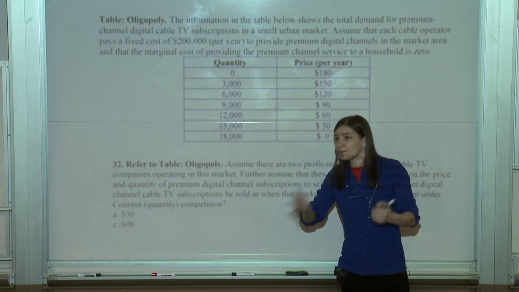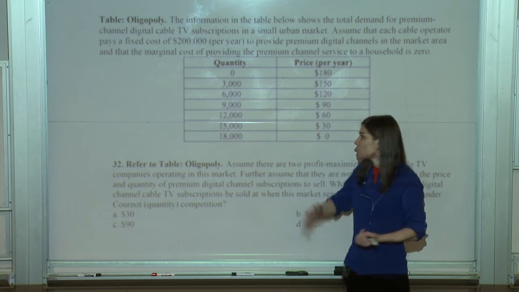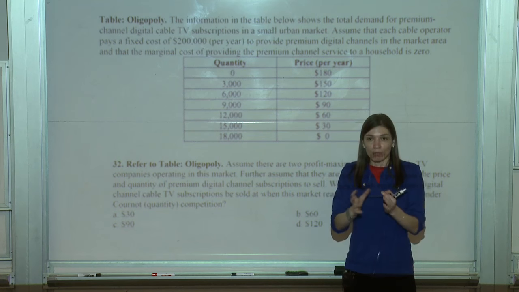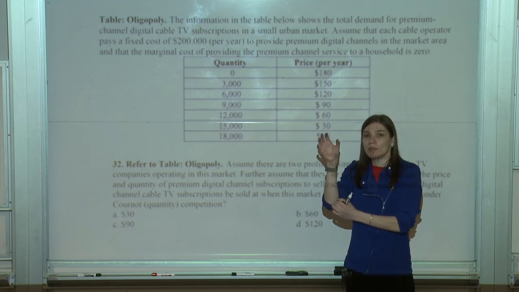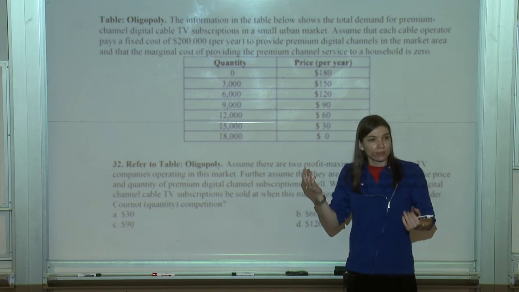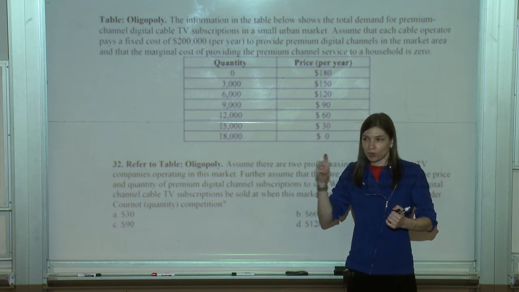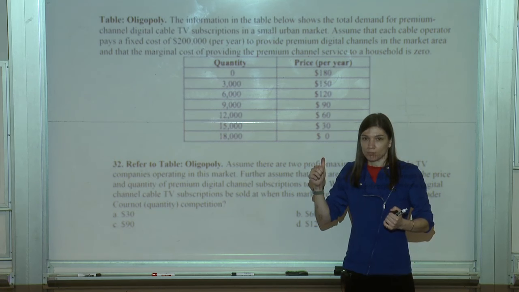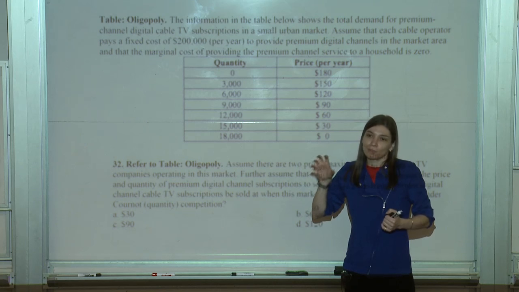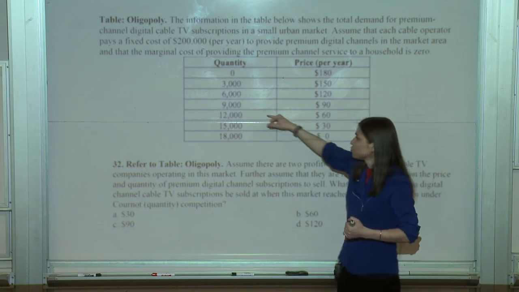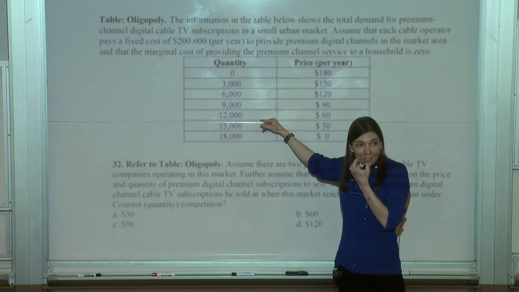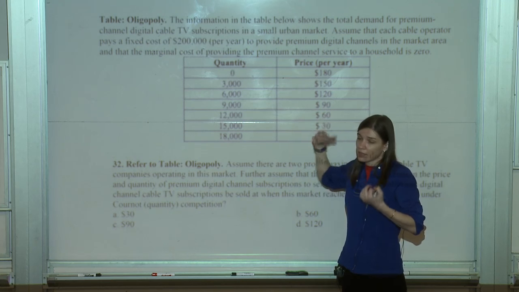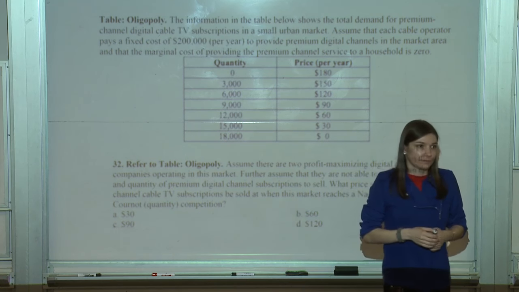But if one does that, then the other one's going to do the same as well. So what's going to happen in that equilibrium is that both of them are going to end up cheating, exactly like the advertising, not advertising game. So both of them are going to end up cheating and actually producing at a lower quantity and getting less profits than the monopoly case.